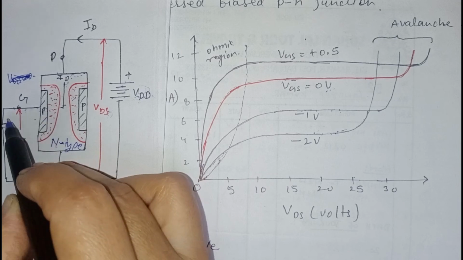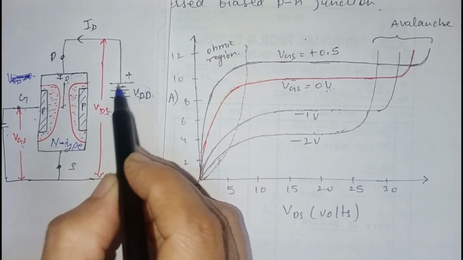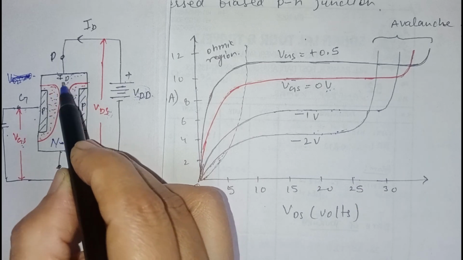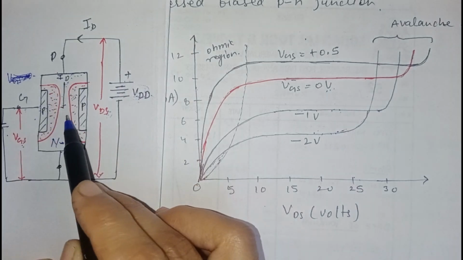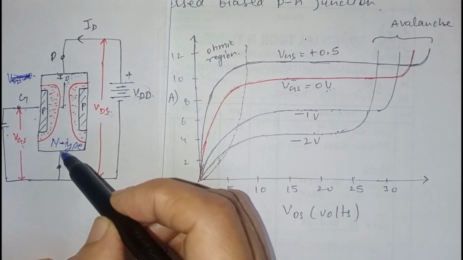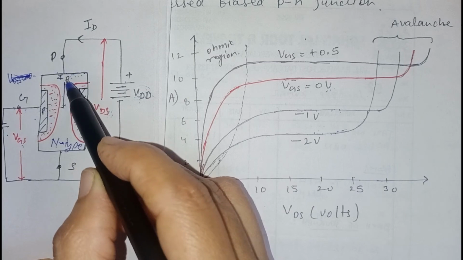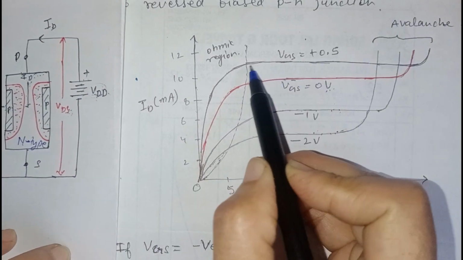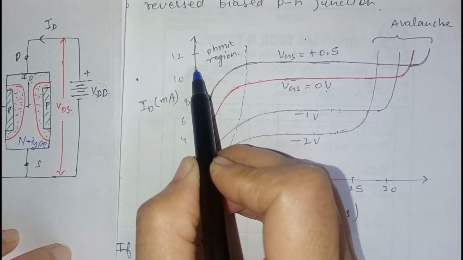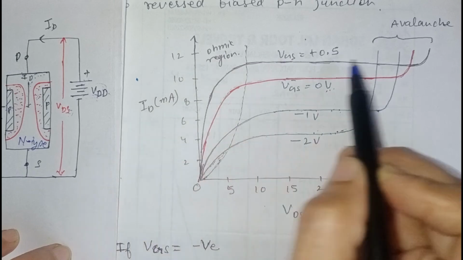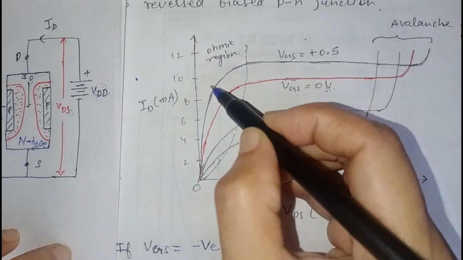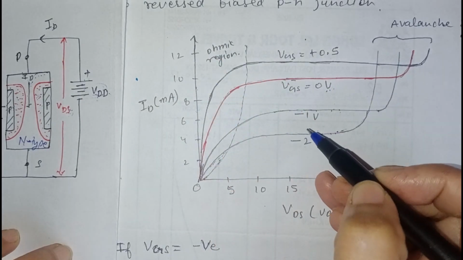As this is forward biasing the junction, and this voltage is reverse biasing the junction, the net reverse bias will be reduced, as this will widely open the channel, so a large number of charge carriers can flow from source to drain and the current will increase. So we can see here, when we provide a positive bias at the gate, the current is increased. This will become 11 here, and also the avalanche breakdown will be later in this case, and the ohmic region will also increase.